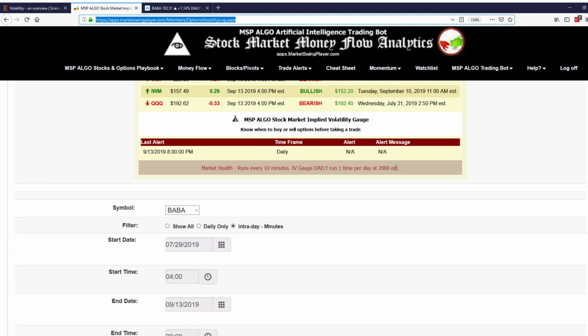We know we have the gauge applicable for the entire market, and we have the gauge that's specific for a stock. So you should always be trading a stock that is in sync, if there's an alert for it, in sync with the main alerts.